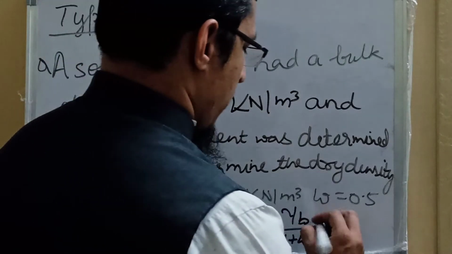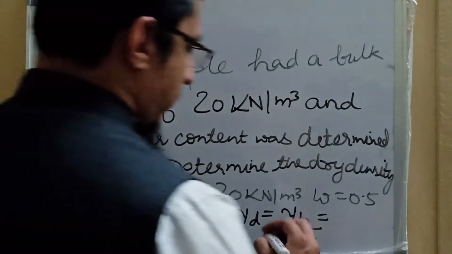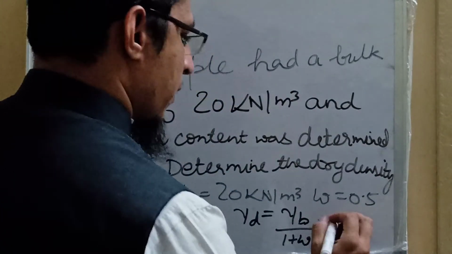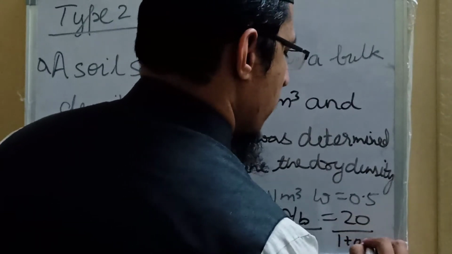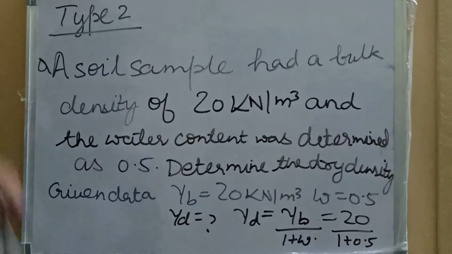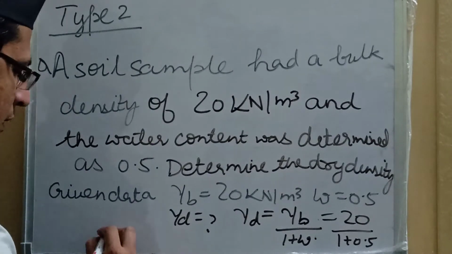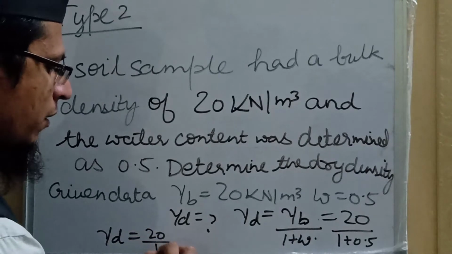So we replace the values: bulk density is 20 and 1 plus 0.5, so dry density is equal to 20 upon 1.5.